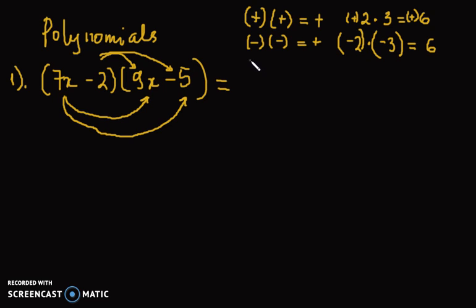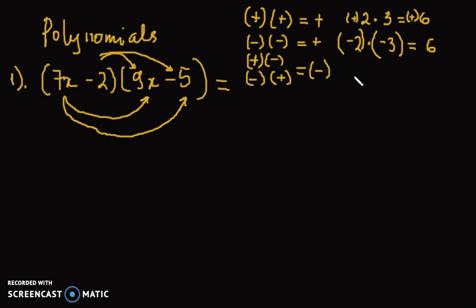Another case is when the two numbers have opposite signs. What does it mean by opposite signs? A number can be positive and the other negative, or vice versa. In both cases, the product of these opposite sign numbers would be negative.